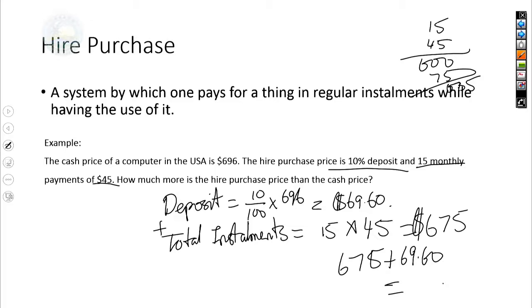Well, that'll be 60 cents. 9 and 5 is 14. 6 and 7 is 13, and 1 is 14, and 6 and 0 is 6. Ooh, that math is bad. 6 and 1 is 7. So instead of paying $696, you pay $744.60.